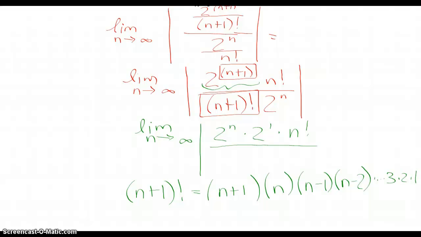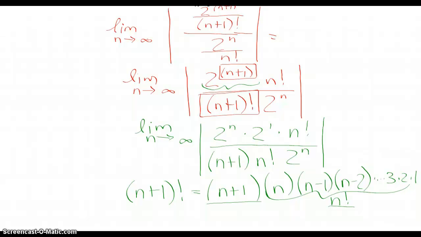Everybody agree with that? Here's n factorial, right? So if that's n factorial, then n plus 1 factorial is just going to have an extra lead factor in that multiplication. So isn't it true that n plus 1 factorial can be written as n plus 1 times n factorial?